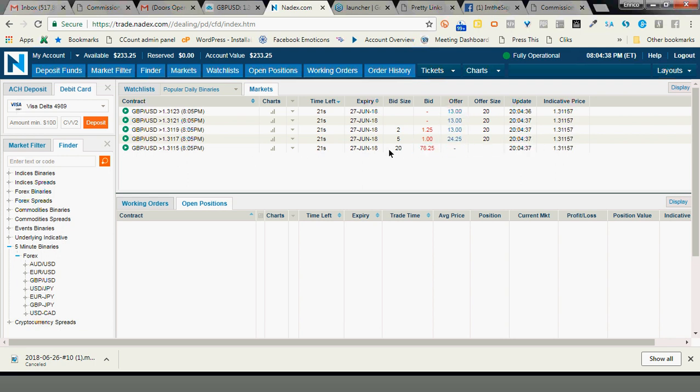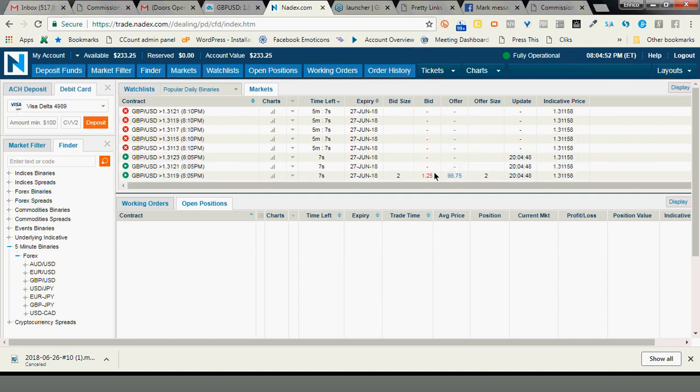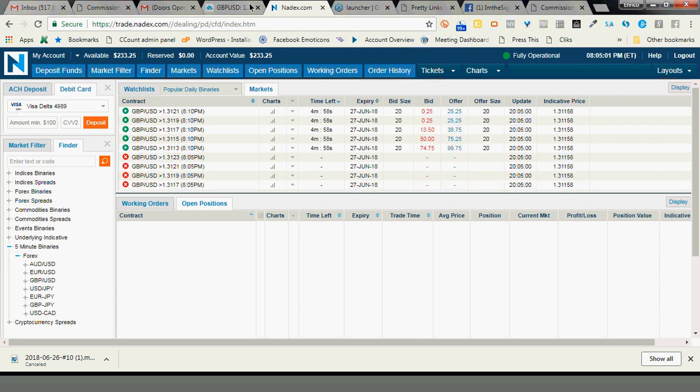It has nothing to do with Nadex, and it's not a trick that is being done. It's just how the day traders and scalpers are looking at the market. In the last 30 seconds, last minute, last 10 seconds, they close out orders. So that's what goes on there.